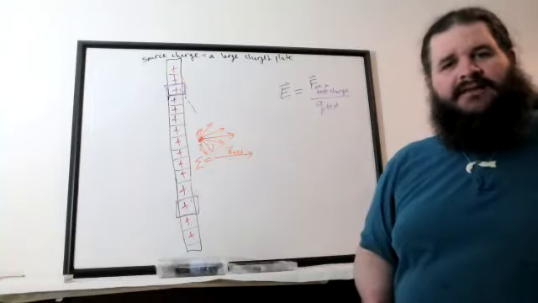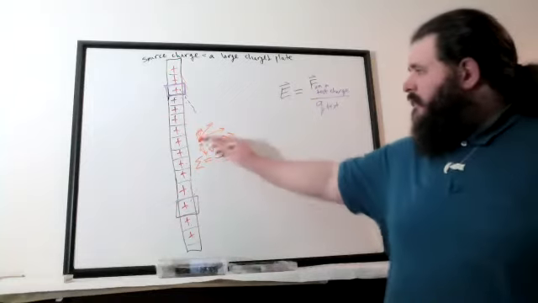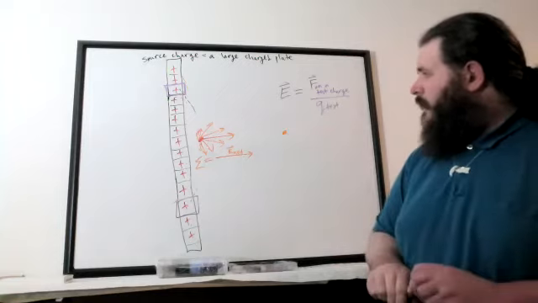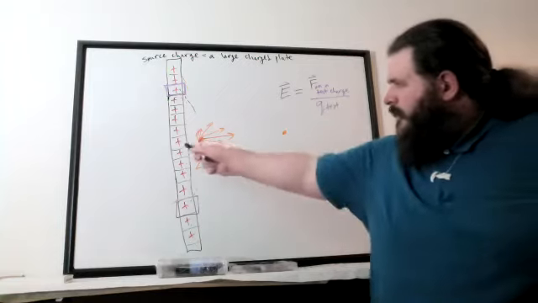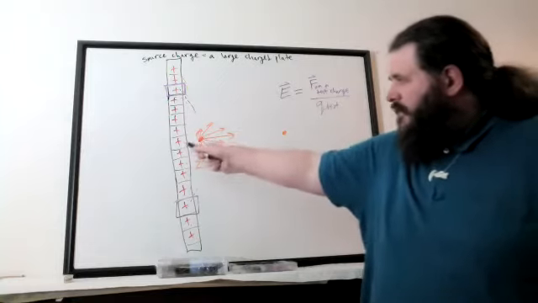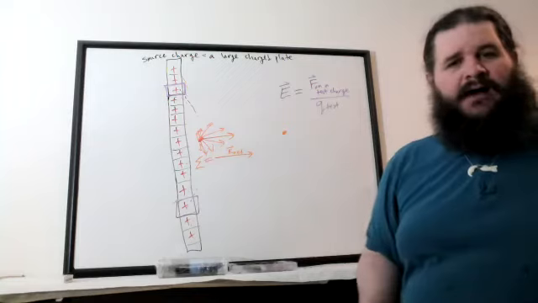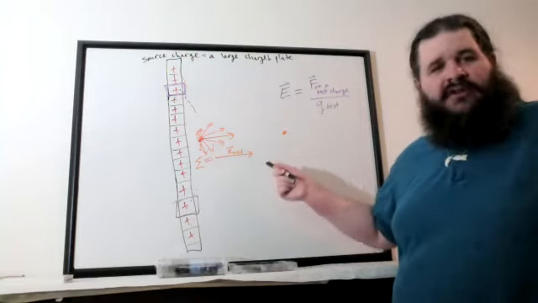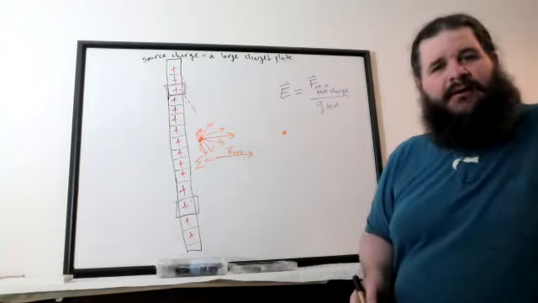The idea of the magnitude being the same, let's say we look at a location further out. If we're still near the center in terms of vertical, but we're just further away, outwards to the right, we're still going to have symmetry. We're still going to have all the up and down components canceling out.